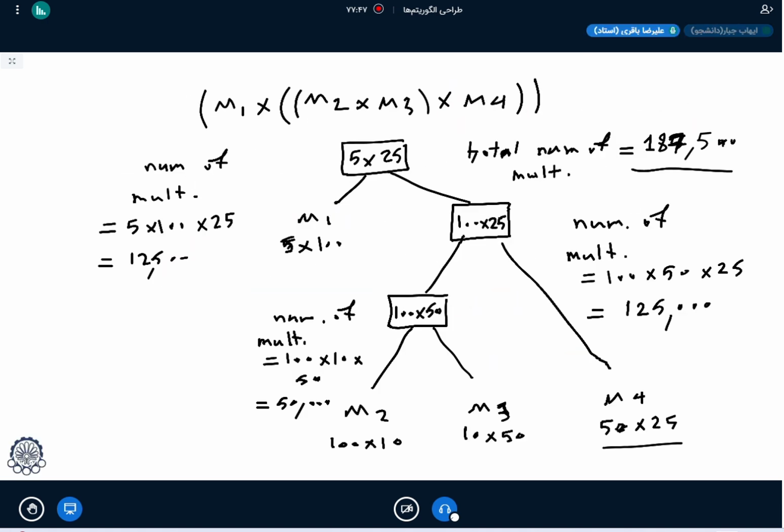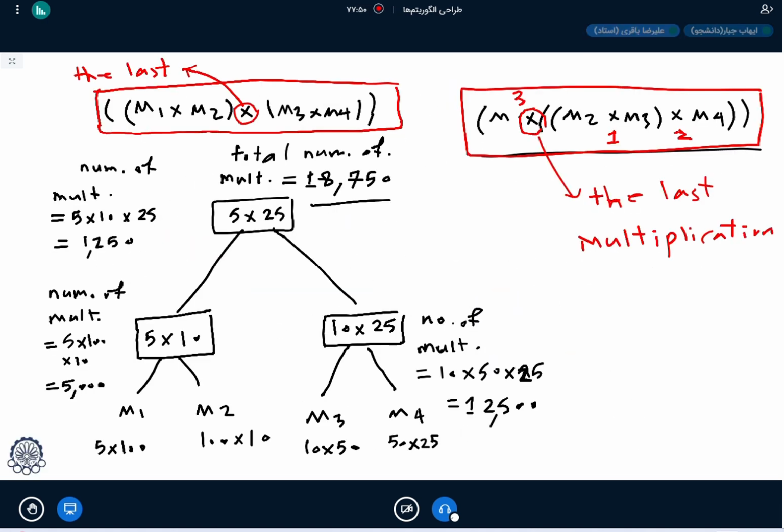No, by optimal parentheses, I mean the parentheses that give us the minimum number of multiplications. For example, here in the left side we have a parenthesis. In the right side we have another parenthesis. By optimal, I mean which of these parentheses is better. We are going to find the best parenthesis. The best parenthesis is optimal.